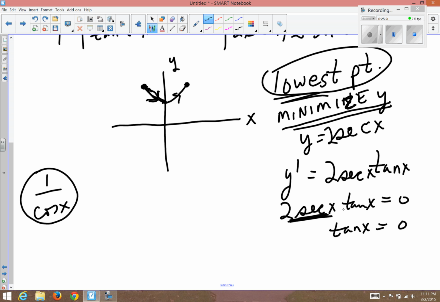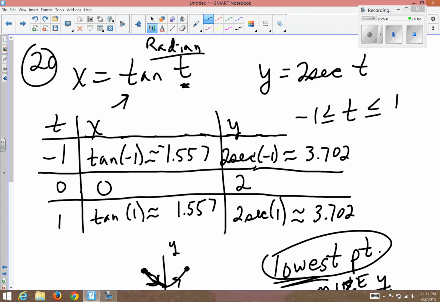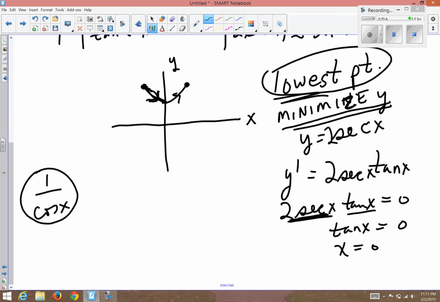So 2 secant x tan x equals 0 only when tan x equals 0. And since the tangent of 0 is 0, and you have to change all these x's to t's.